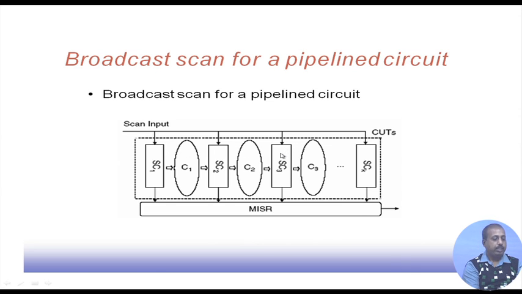The point is that in this way it will detect many of the faults, but response compaction becomes another issue. For response compaction, we can have one multiple input signature register. It will compact all these responses into one signature, which will be calculated here and serially output from the circuit. So, this way, for a pipeline circuit also, we can use a broadcast scan based approach.